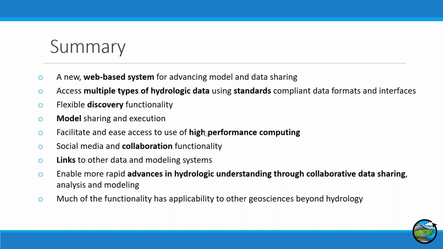Next week, we'll go into a little bit about how it supports access to high-performance computing via Jupyter Hub, provides social collaboration, provides linking to other data, other resources, and even other systems itself. And as we mentioned, this is applicable to other geosciences as well, beyond hydrology, but HydroShare is primarily hydrology.